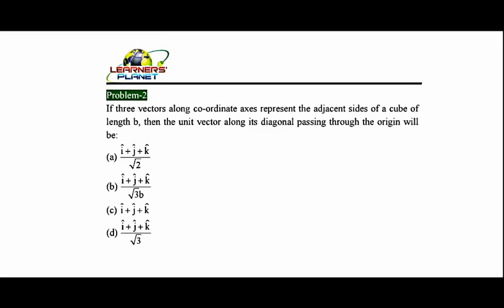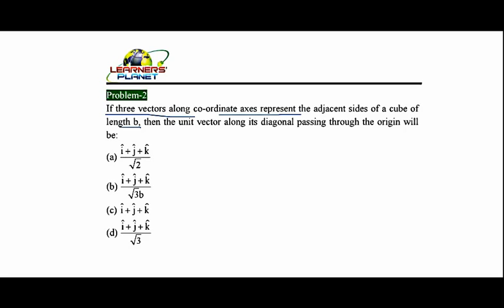If three vectors along the coordinate axes represent the adjacent sides of a cube of length b, then the unit vector along its diagonal passing through the origin will be? You have three vectors of length b along the coordinate axes which are represented by the adjacent sides of a cube.